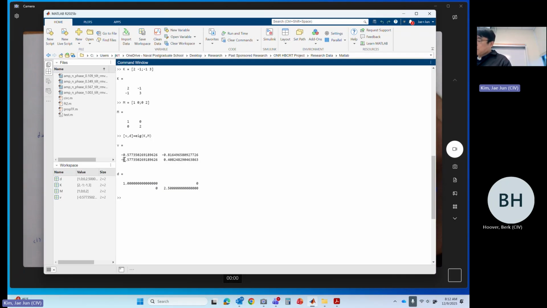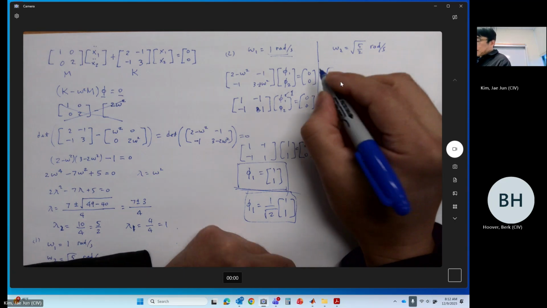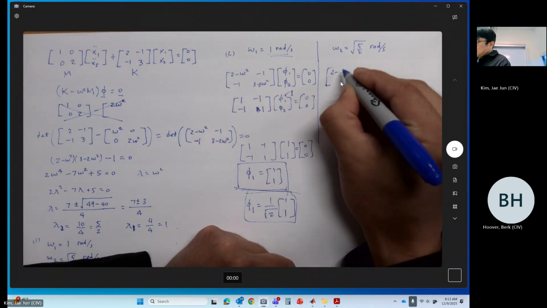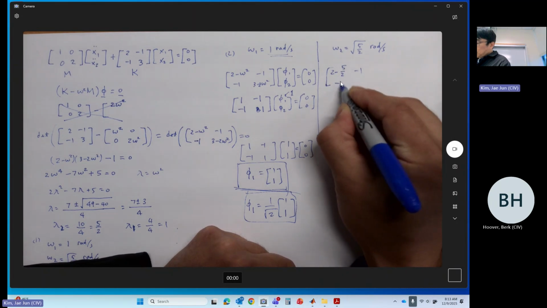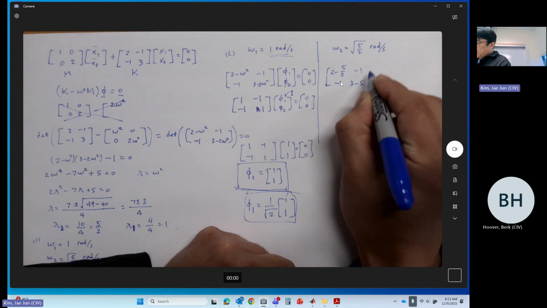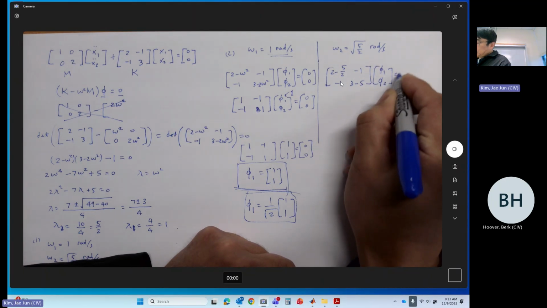You can do the same thing here for the second mass: 2 minus 2 over 5, minus 1, minus 1, 3 minus 2 times omega squared is 5. P1 P2 is 0.